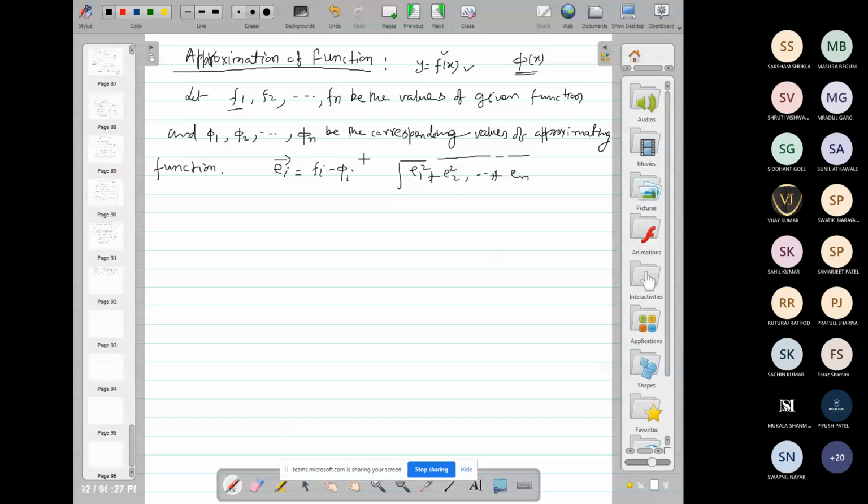So we will discuss this with the help of an example. In approximating a function, the important role is played by a function that is known as the Chebyshev polynomial.